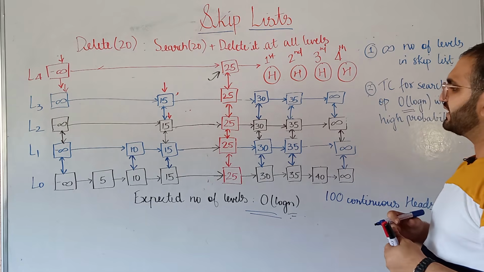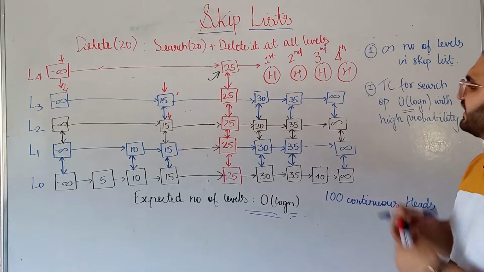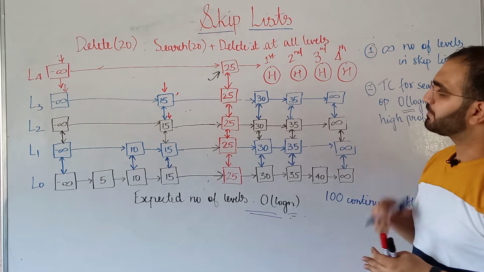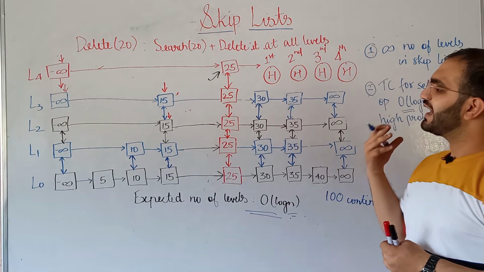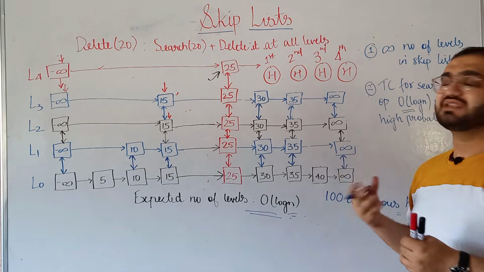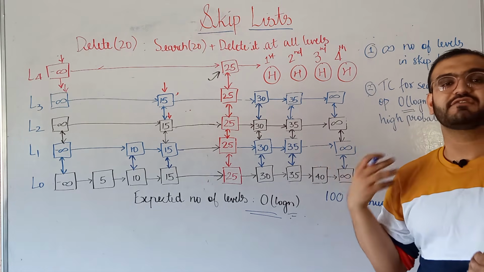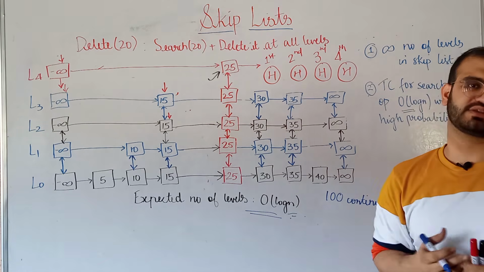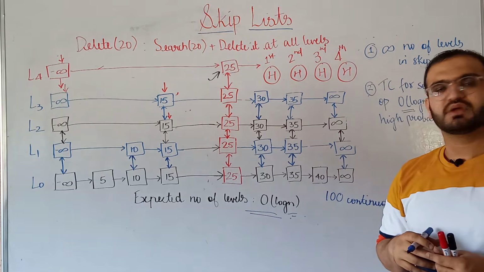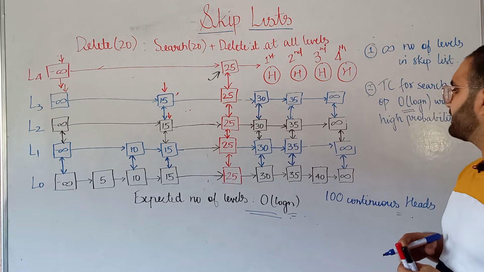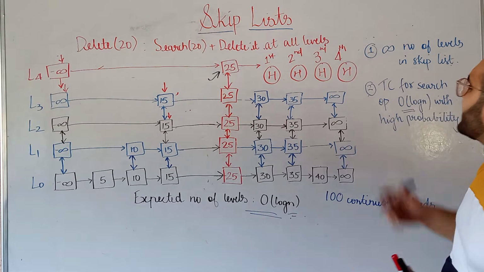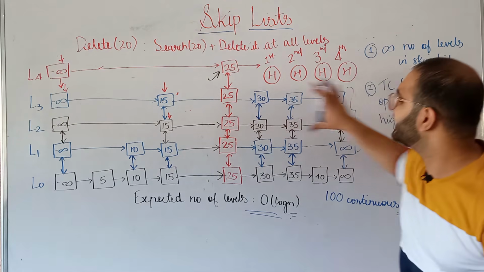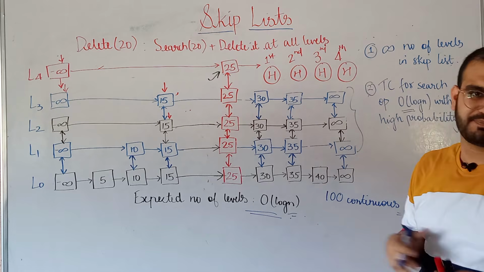The third question that should arrive in your mind is that we actually started learning this data structure skip list because it was providing us a time complexity lesser than order of n that we got when we search for an element in a sorted linked list. But at the same time, this data structure skip list seems to be having a higher space complexity, or all these nodes are actually redundant when you talk about a skip list.